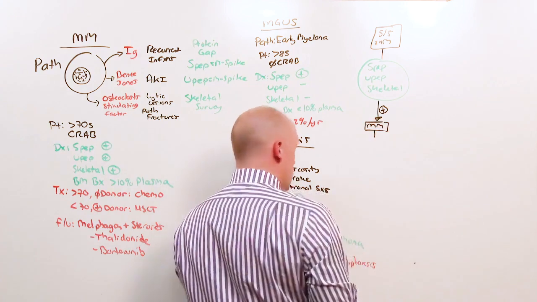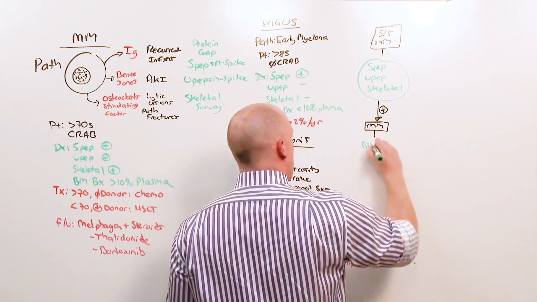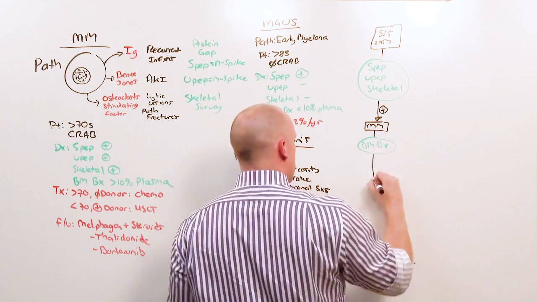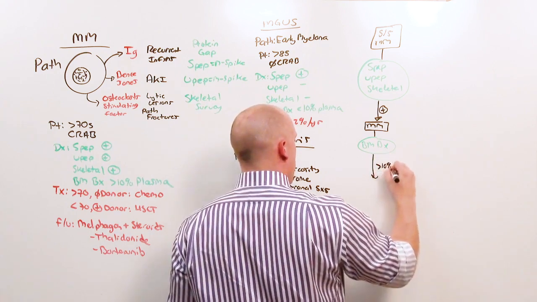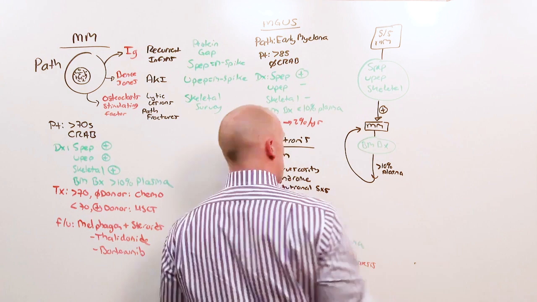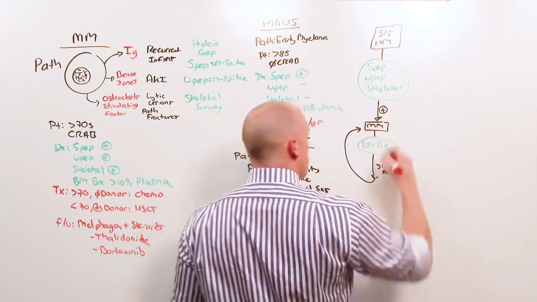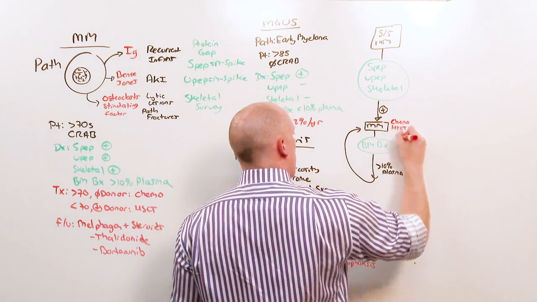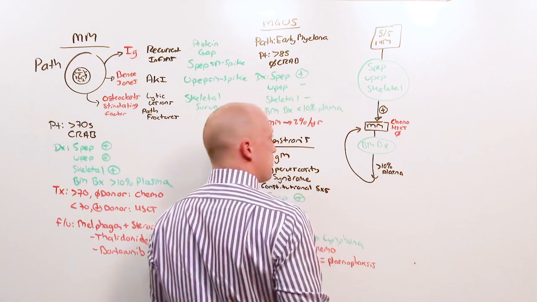And with multiple myeloma, you get the bone marrow biopsy to confirm it, and it will show you greater than 10% plasma cells, which tells you, yes, indeed, it was multiple myeloma. And so you're either going to treat with chemo, transplant, or if they're very old, do nothing.